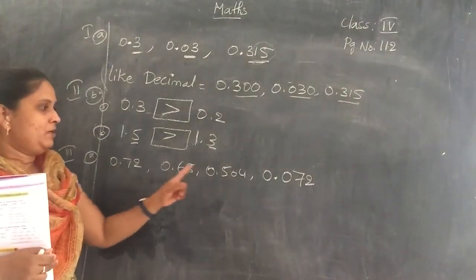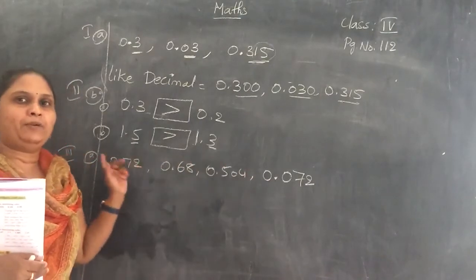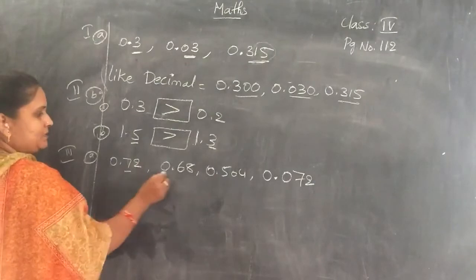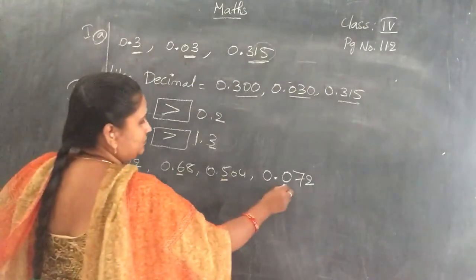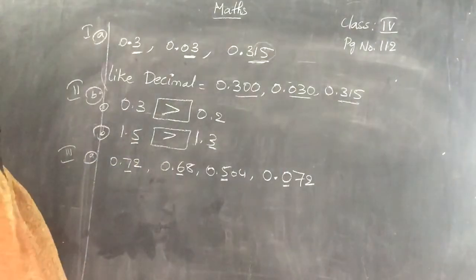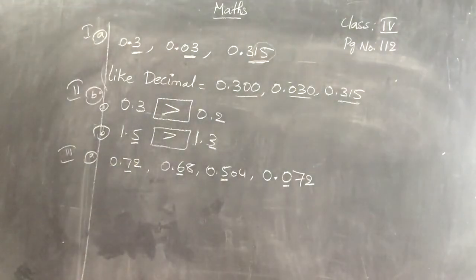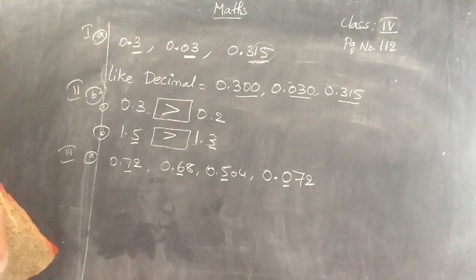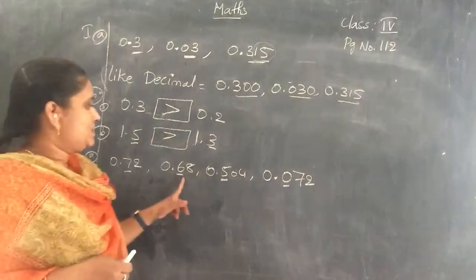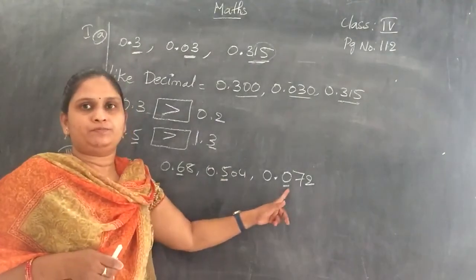Observe here, children, in all the whole number part we are having zeros only. So first you have to compare the tens place values. One second children. Compare the tens place values. There we have 7, 6, 5, 0.